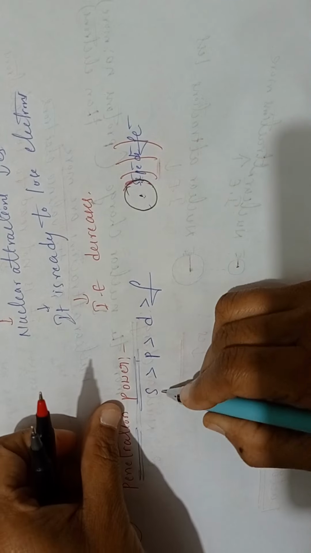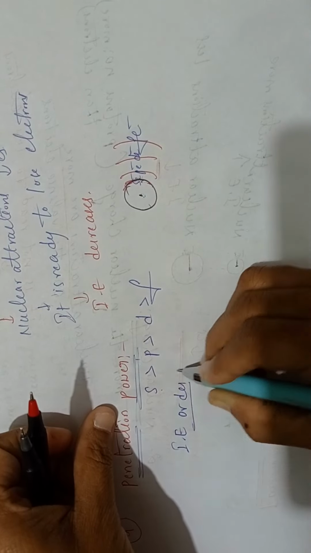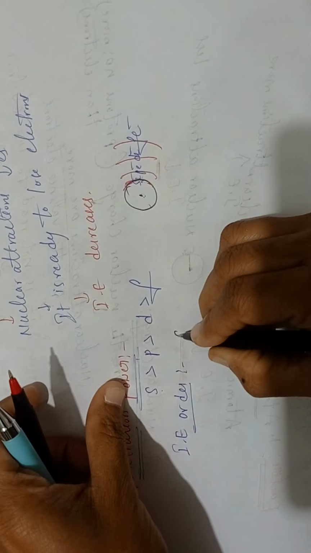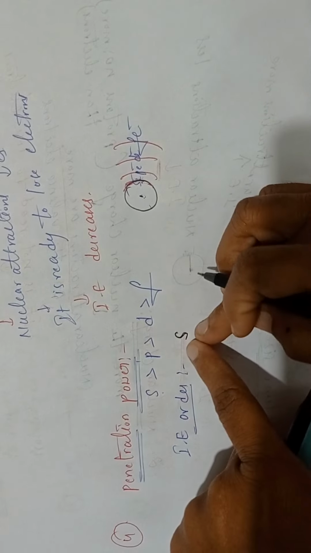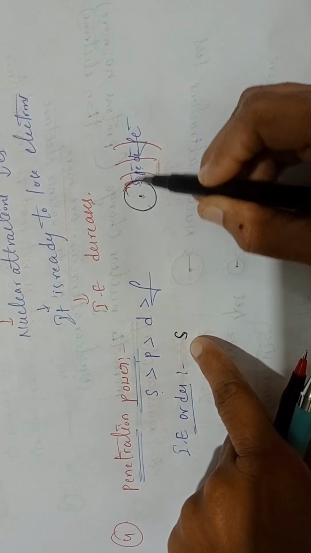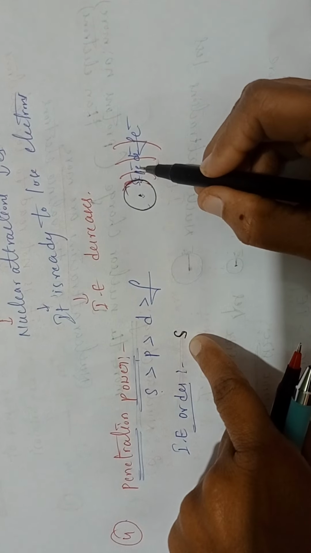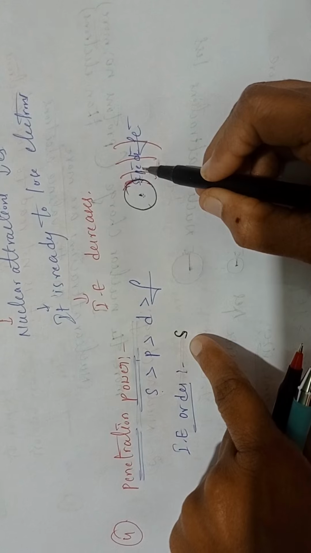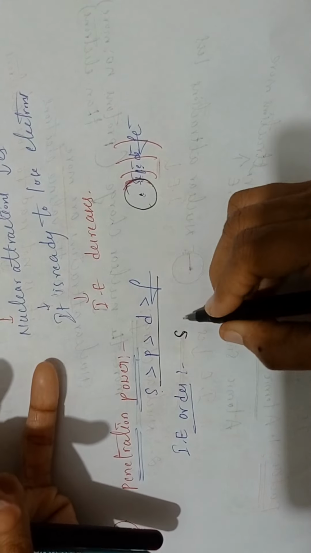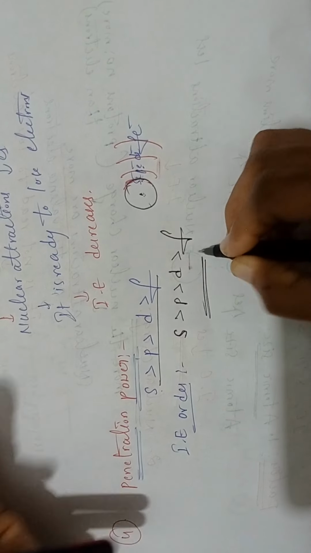The ionization energy order, you will get the same order. Next, p electrons are bound by the nucleus, and nuclear attraction is more, so more energy is required to remove the electron. So in this order only, the same ionization energy order will be there: s is greater than p, greater than d, greater than f.